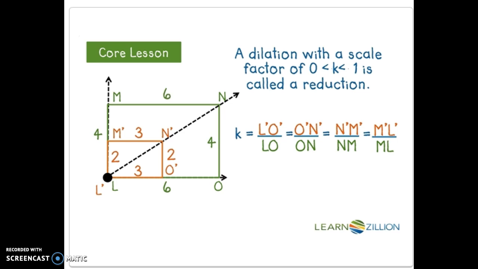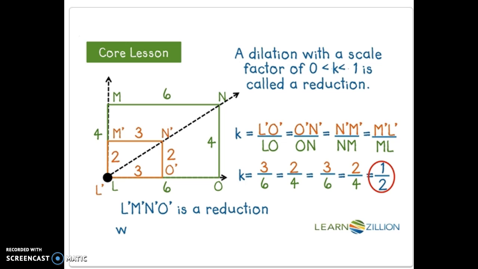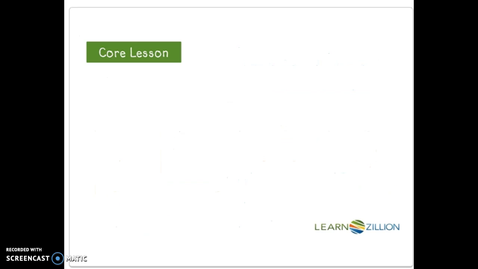The ratios are equal to 3 over 6, 2 divided by 4, 3 divided by 6, and 2 divided by 4, and they all simplify to 1/2. Therefore, L prime M prime N prime O prime is a reduction with a scale factor of 1/2, and is 1/2 the size of LMNO.